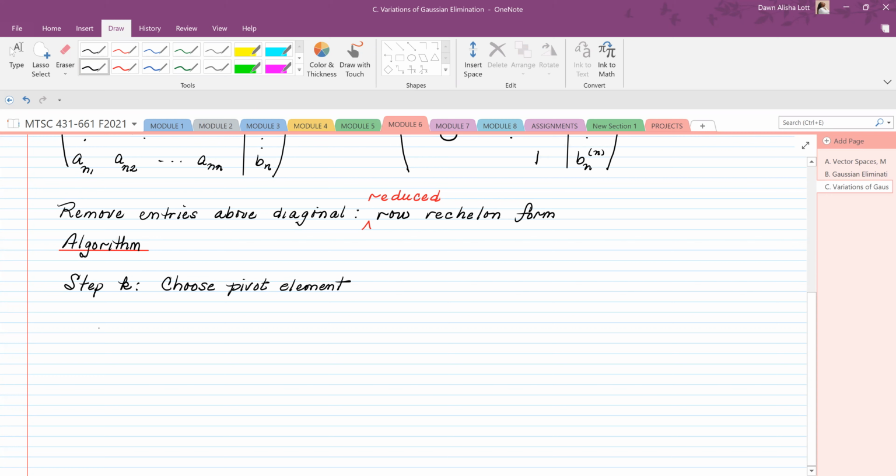And so you have AKJ at the K plus first step is equal to AKJ at the K step, and then I'm going to divide by AKK at the K step. All right, and we do this for J equal K to N.